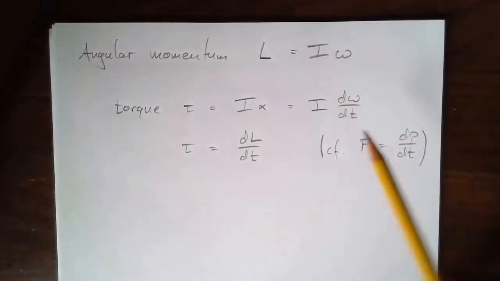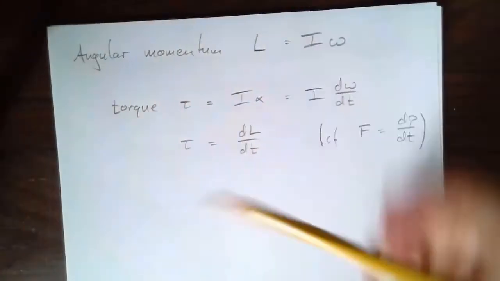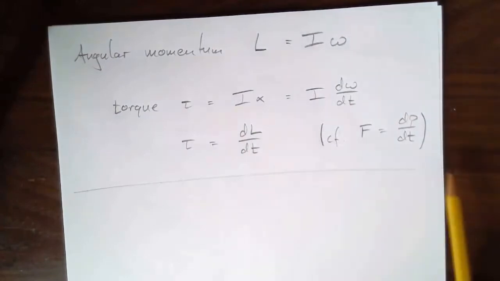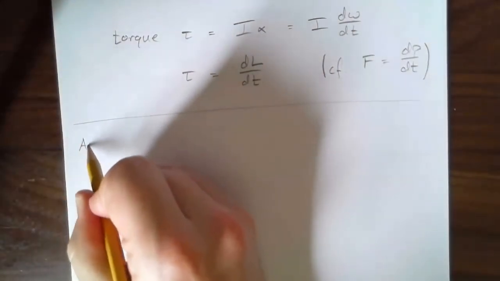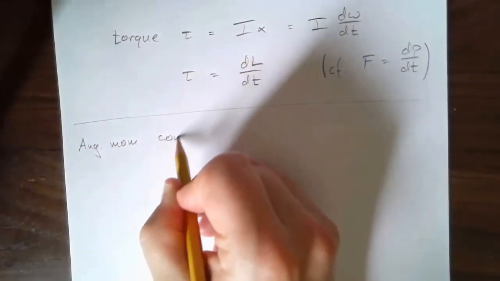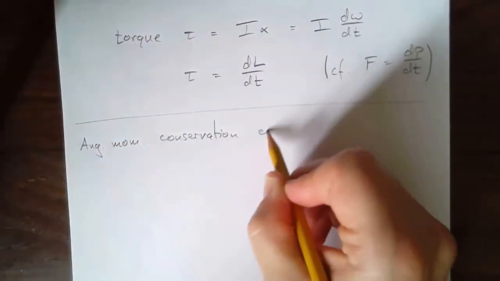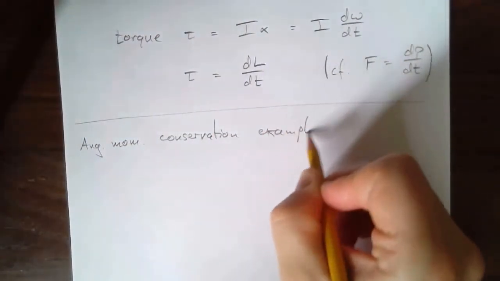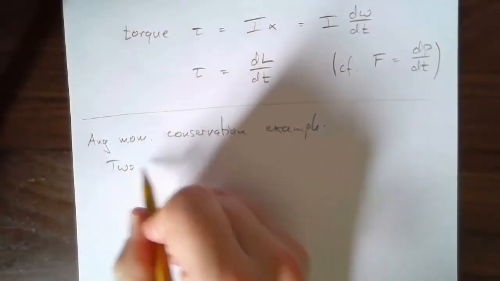Okay, let's go back a step and actually do the calculation for this particular example. I'm going to assume those two disks are identical. Angular momentum conservation example. It's the example I started with. I imagine two identical disks.